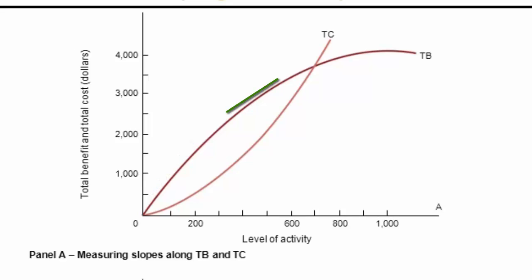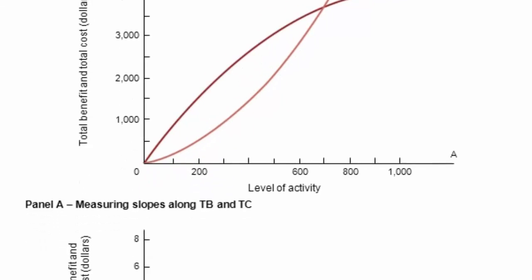The slope gets flatter and flatter until it tops out at around that 1,000 units of the activity, and then after 1,000 units, the slope of the total benefit line actually becomes negative. So I start with a fairly steep slope at 0, and the slope becomes more and more flat, I guess if that's a way to say it. The total cost line kind of does the opposite. The total cost line starts flat, and it becomes steeper and steeper as time goes on.